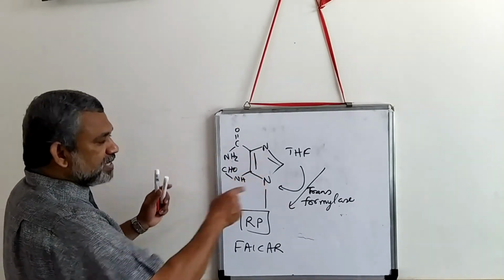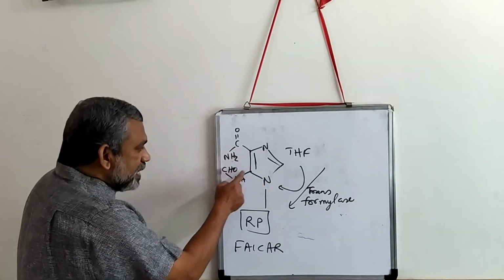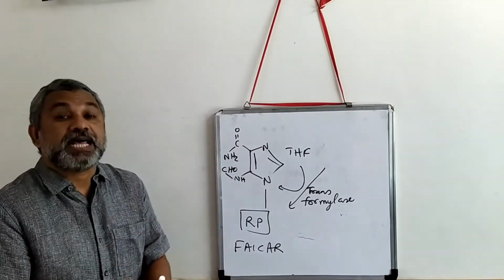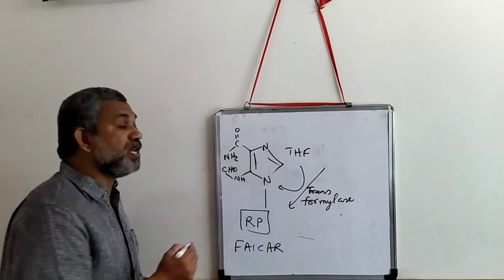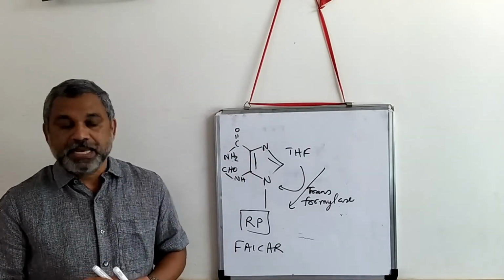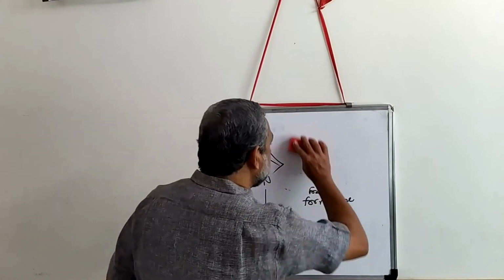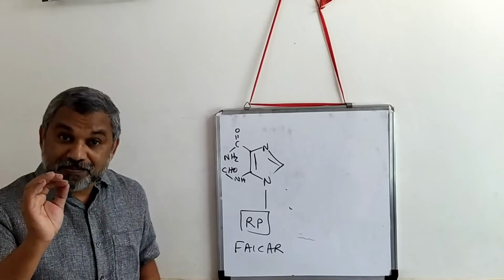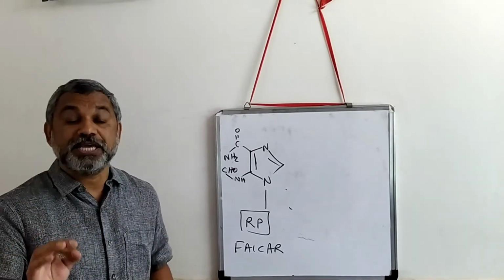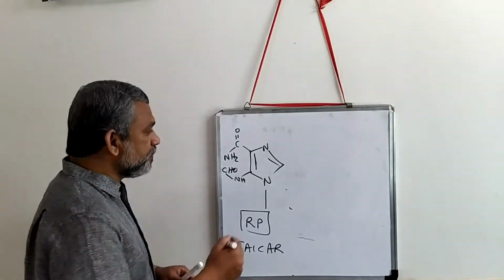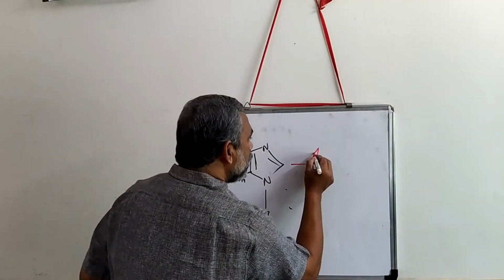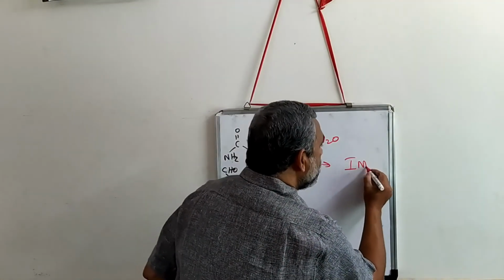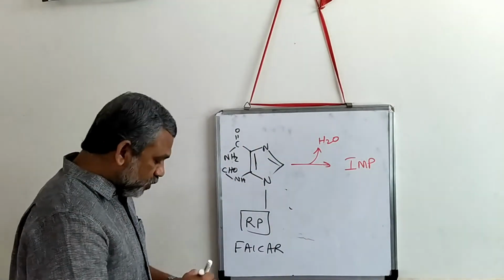Now if you look at the structure, it needs only a cyclic ring formation. Now this cyclic ring can be formed by removal of a molecule of water. Once you remove this molecule of water, that is the 10th step, and the final step in the formation of inosine monophosphate, a molecule of water is removed and you will get inosine monophosphate.